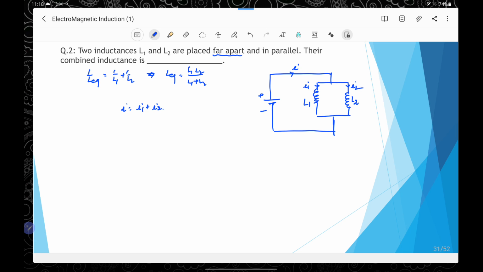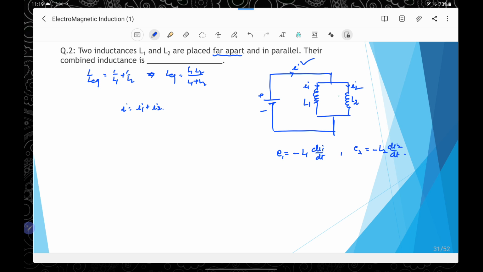If we check the induced EMF in coil 1, if there is a change in the currents I1 and I2, then the induced EMF in coil 1, suppose it is E1, is equal to minus L1 dI1 by dt. And similarly E2 we can write as minus L2 dI2 by dt.